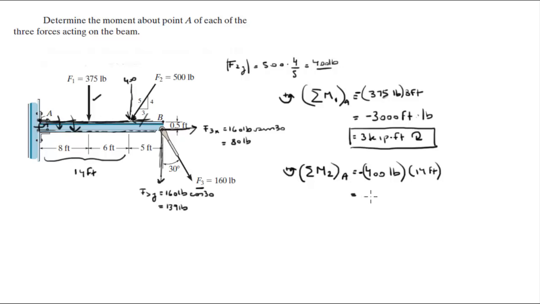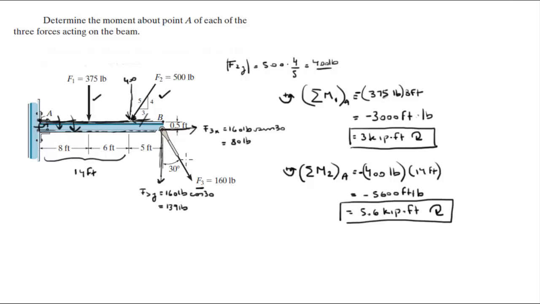So this comes out to be negative 5,600 foot-pounds or 5.6 kilopounds per foot going clockwise. So that's the moment created by the second force.